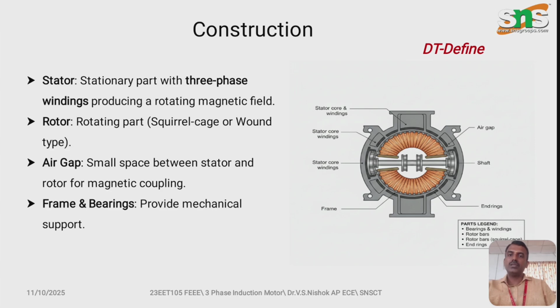When the three-phase input is given through the stator part, it mainly provides the rotating magnetic field around the stator, which is useful for inducing the EMF in the rotor part. And the air gap between the stator and rotor represents the magnetic coupling. And then finally, for mechanical support, we use the frames and bearings.